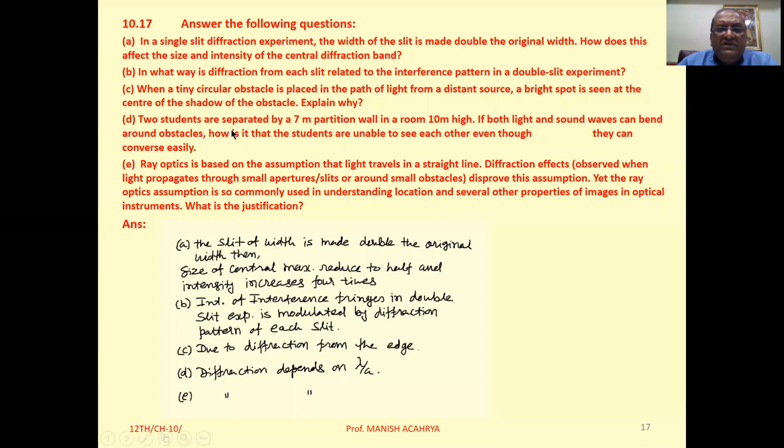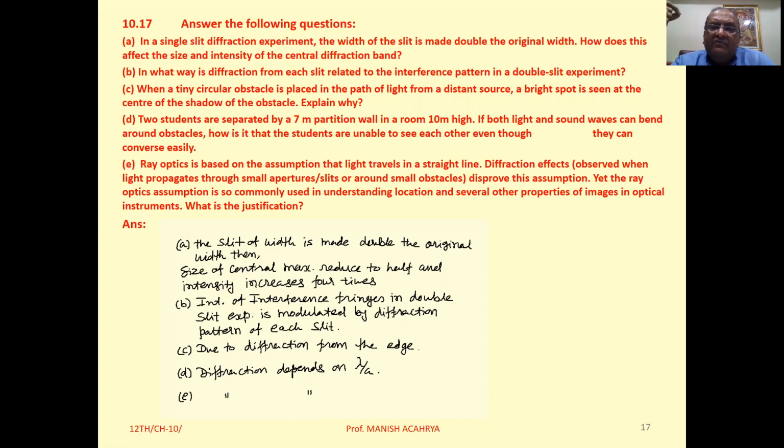Then D. Two students are separated by a 7-meter partition wall in a room 10-meter high. If both light and sound waves can bend around obstacles, how is it that the students are unable to see each other even though they can converse easily? Now see here, the diffraction depends on the factor lambda by a.